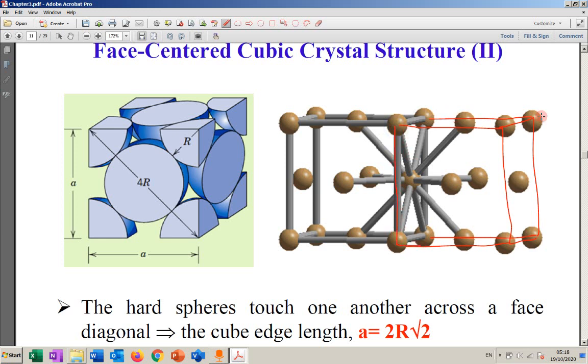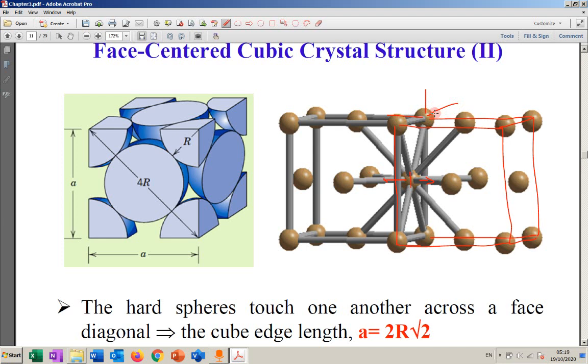So one at each corner, and look, this is the face: the bottom face, the top face, and this one at the side. Now you realize that the face atom will be shared between 2 unit cells. It's not like the corners. The corners will be shared between 8 unit cells.